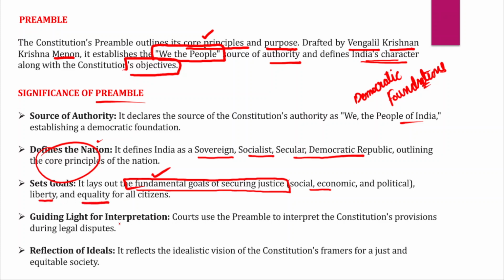And it is also considered a guiding light for the interpretation of the Constitution by the courts, because the courts have several times taken the preamble as a guiding light for the interpretation of the Constitution's provisions and also legal disputes. Right?